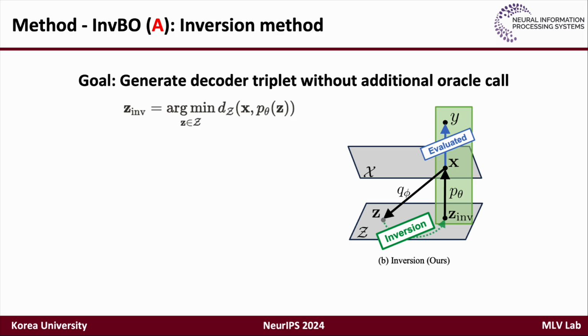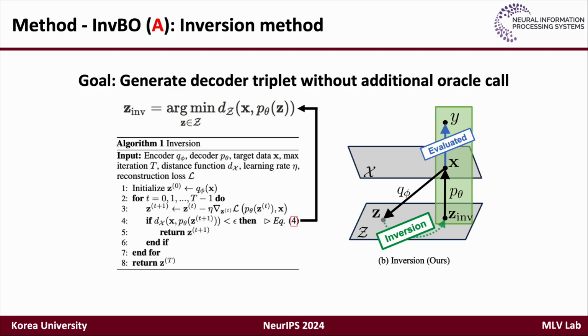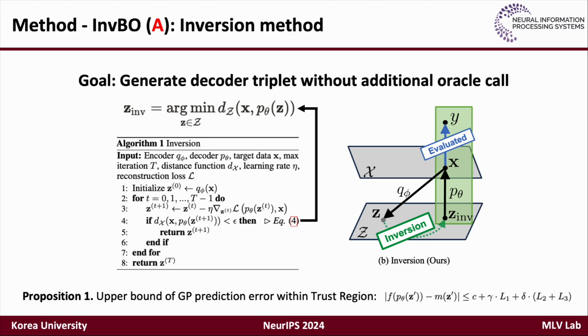With a pre-trained frozen decoder, we can obtain a decoder triplet by solving this equation. Specifically, we iteratively search the solution with a gradient descent algorithm as shown in this pseudocode. Also, we theoretically show that our inversion method can reduce the upper bound of GP prediction error within the trust region.